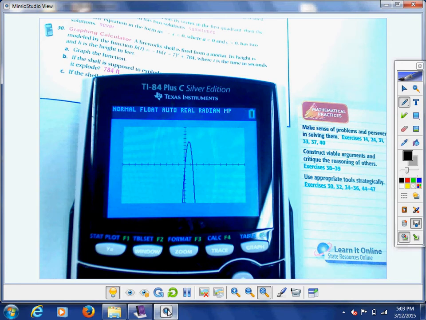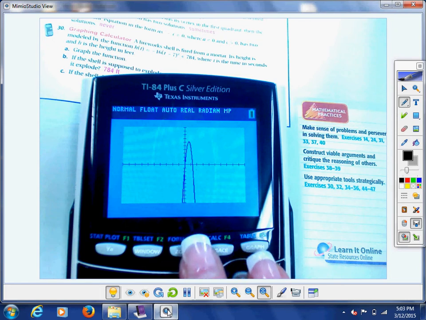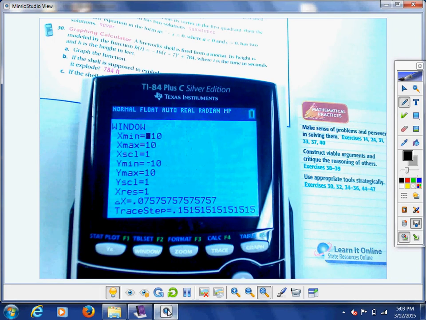So what I need you to do is let's adjust the window. Okay, let's go ahead and practice that. Clearly, we don't need a lot of space. We can just focus on the first quadrant. So let's set our x minimum at 0. Our x maximum, let's set that to about 3.